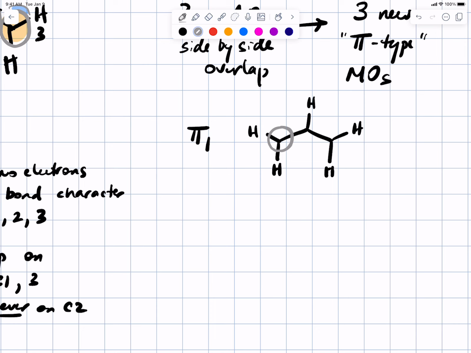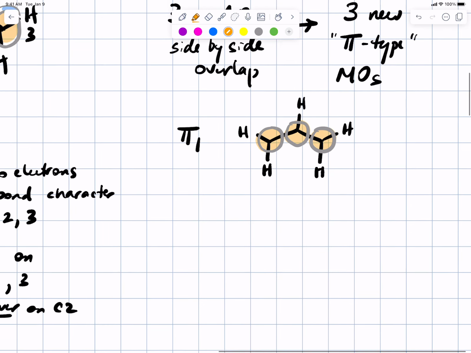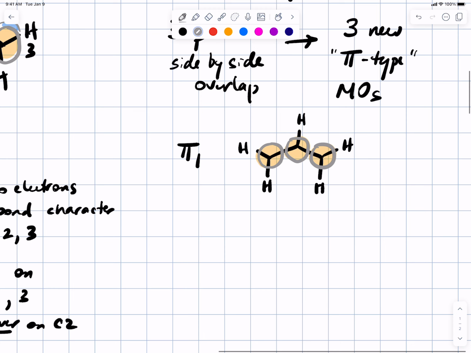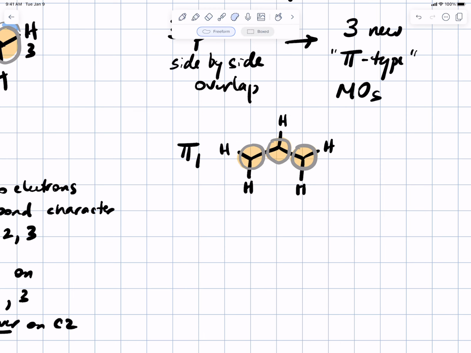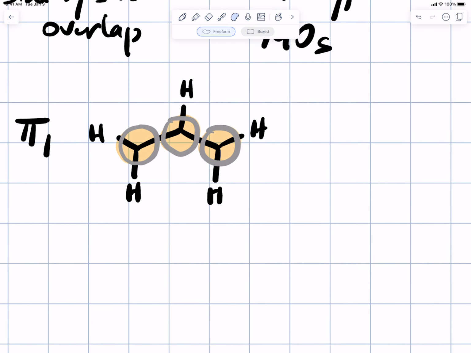The first orbital we get is side-by-side overlap of the 3 p orbitals, all with the same wave function sign. I could actually draw this perhaps more clearly or better. An alternative representation would be, nope, that wasn't it.